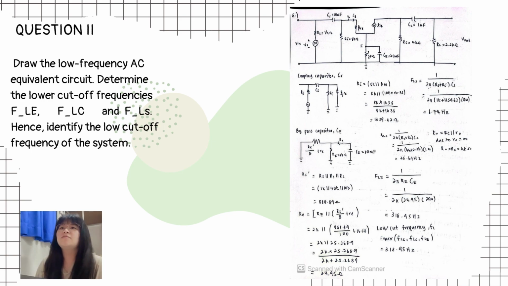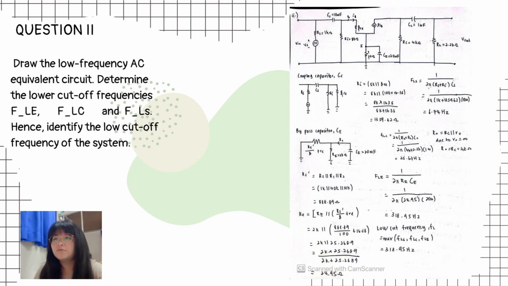Then we can get the value of RI is equal to 1359.62 ohms. After that we can find the value of FLS, using the formula 1 over 2 pi RS plus RI times CX. So we can get the value of FLS is 6.74 Hz.